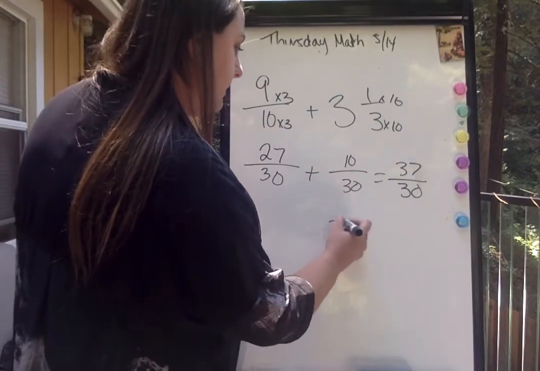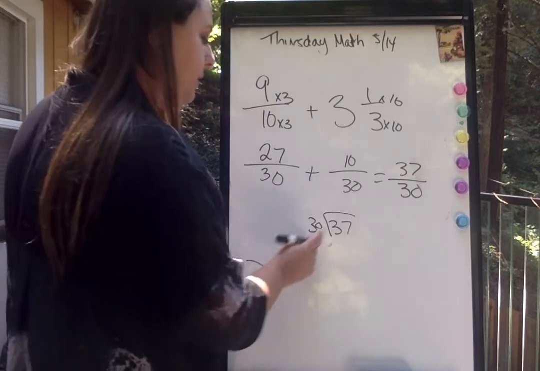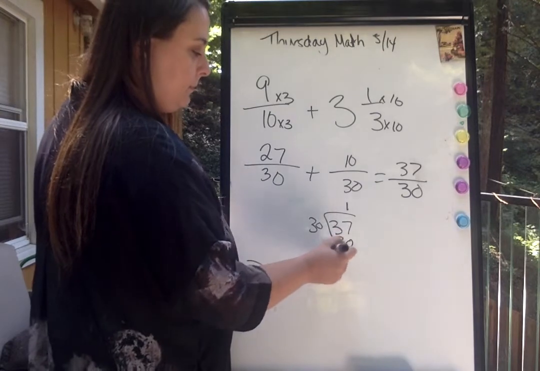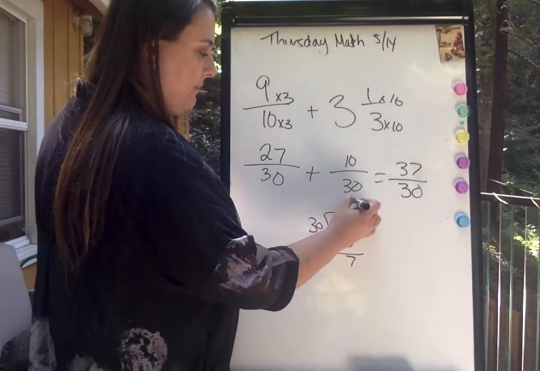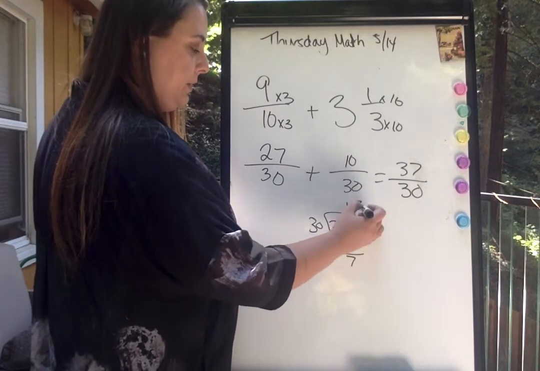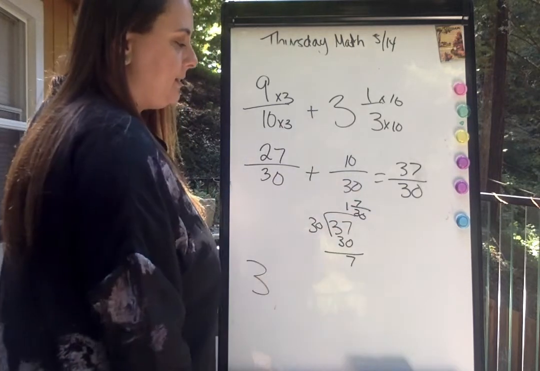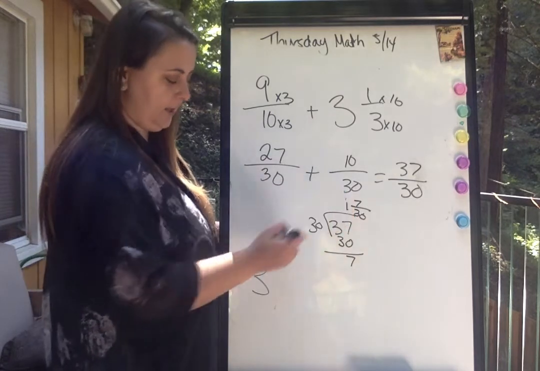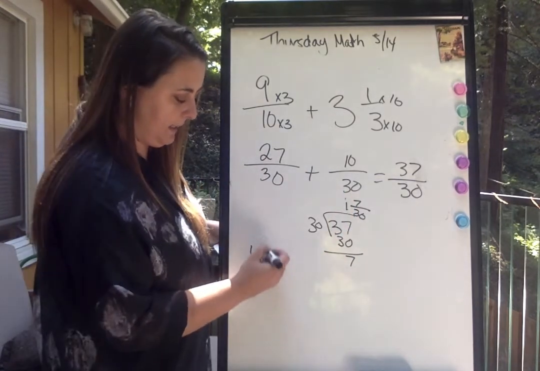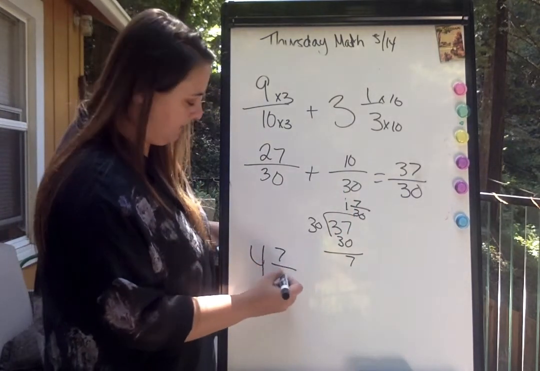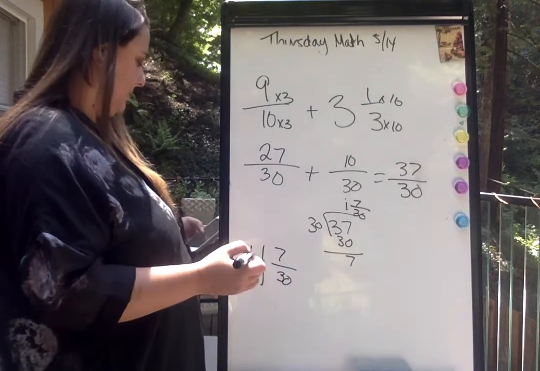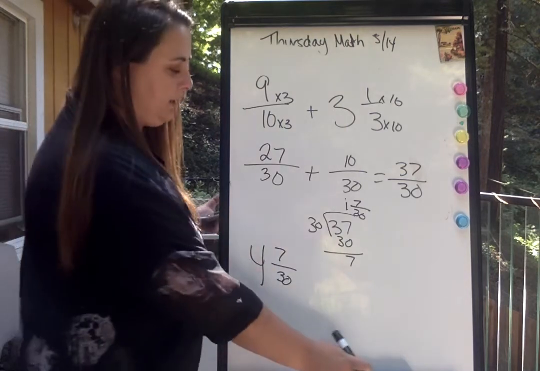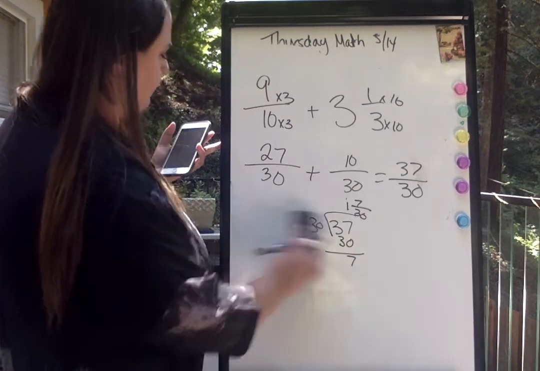Okay? 37 divided by 30. 30 goes into 37 1 time. 7 is your new numerator. 30 stays as your denominator. Okay? So you now have this big 1 that you have to add to the 3, making it 4, and 7/30ths. Capiche? Capiche. Now we're going to find the difference.